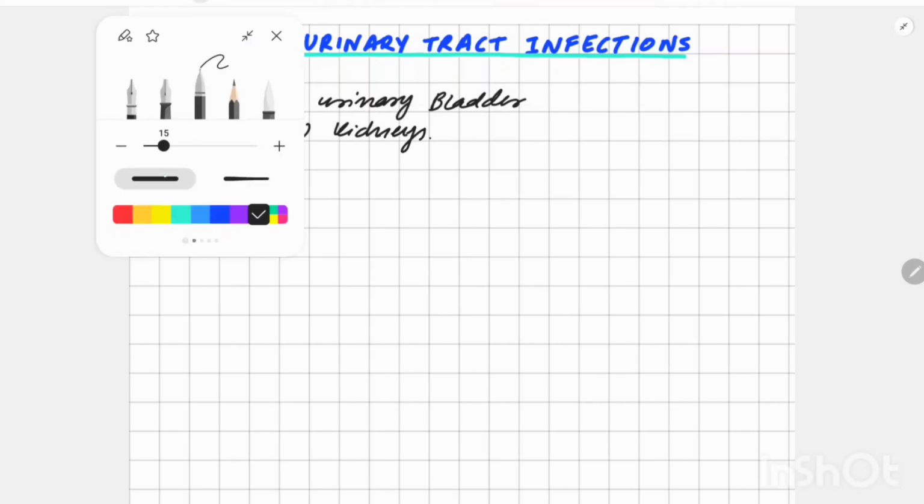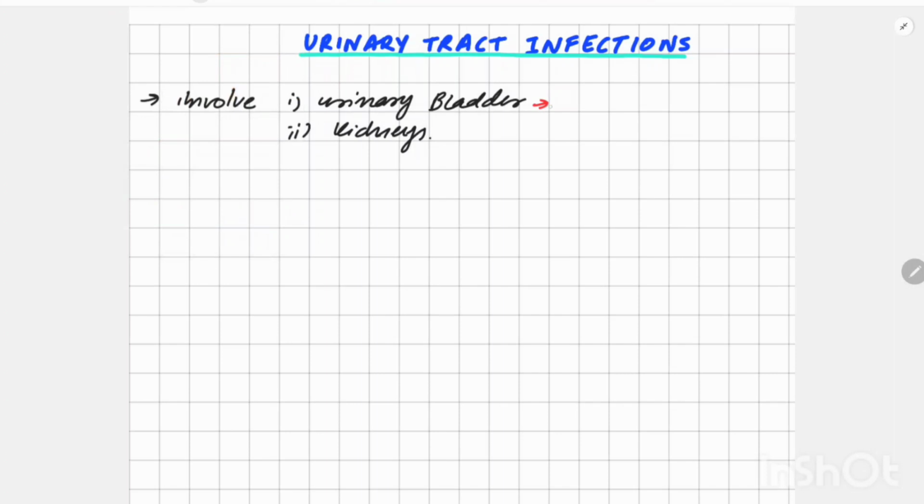When it involves the urinary bladder, it causes cystitis. What do you mean by cystitis, sir? Cystitis means inflammation of the urinary bladder, and when it involves the kidneys, it causes pyelonephritis, which means inflammation of the kidneys.